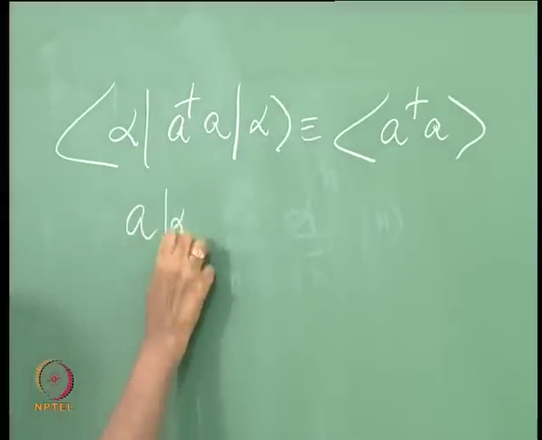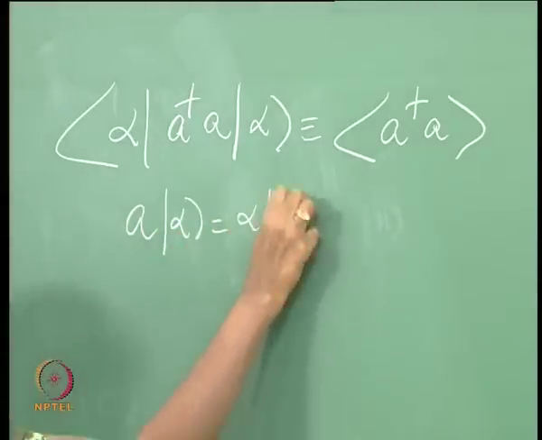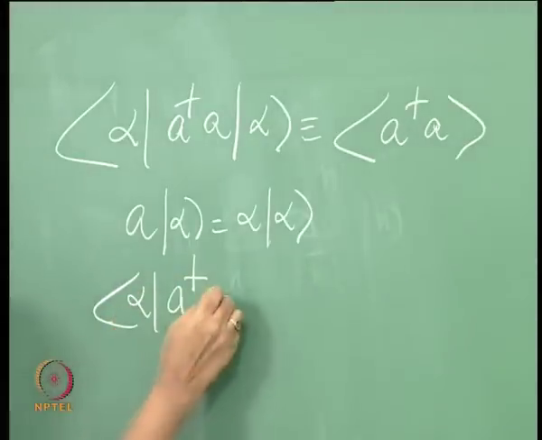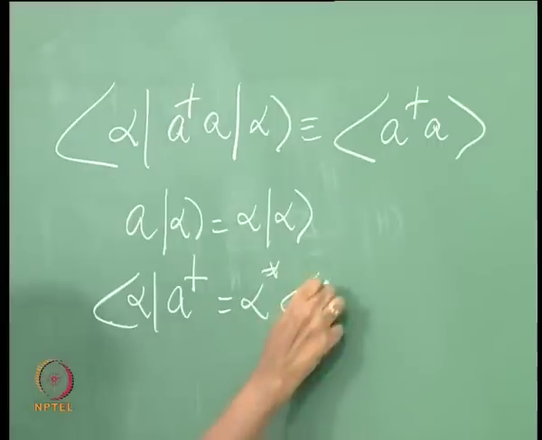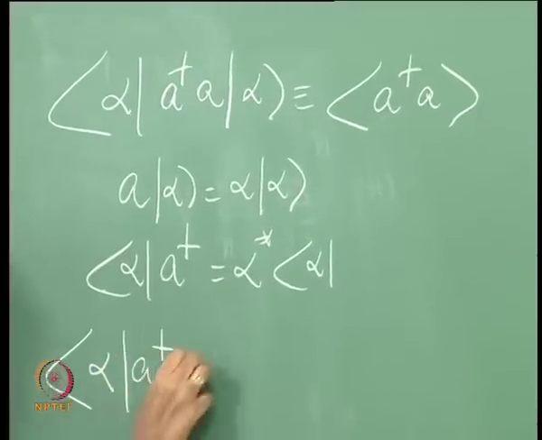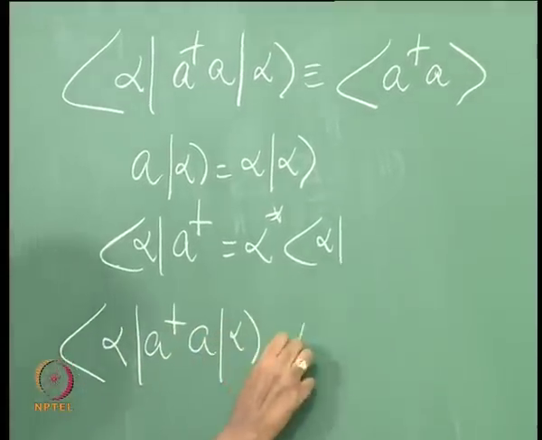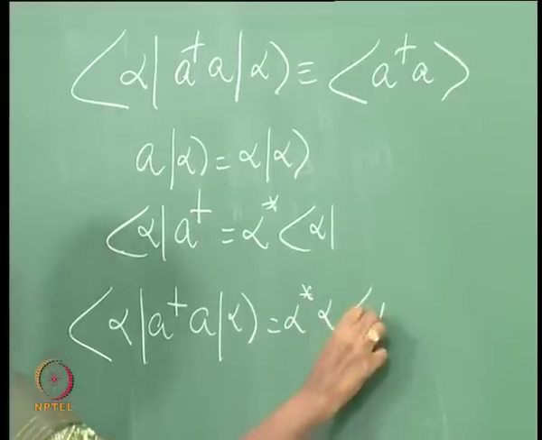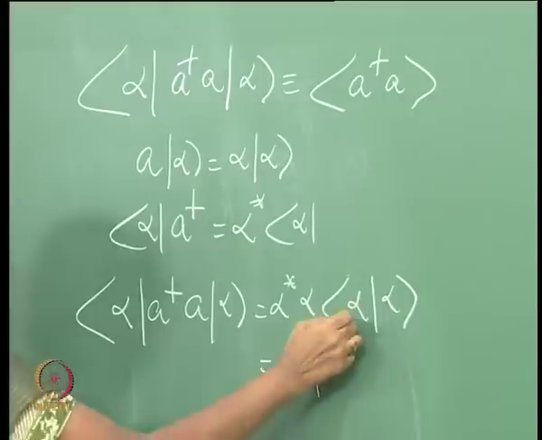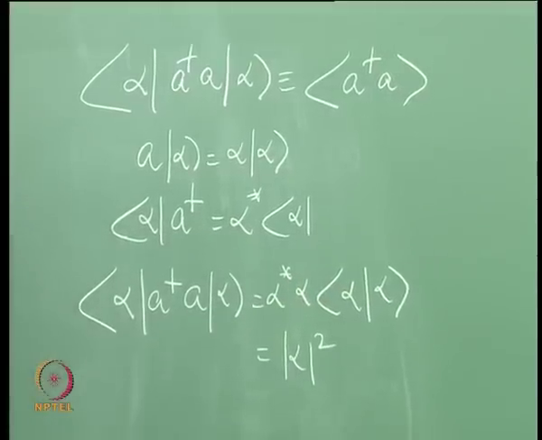Since A acting on alpha is alpha alpha, it is clear that if I take the Hermitian conjugate, I would get this, and sandwiching that, therefore, I have alpha A dagger A alpha is an alpha star alpha inner product of the ket with the bra, and that is mod alpha squared, because that is normalized to unity.